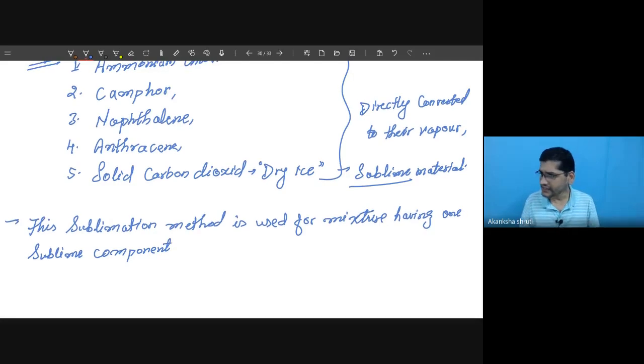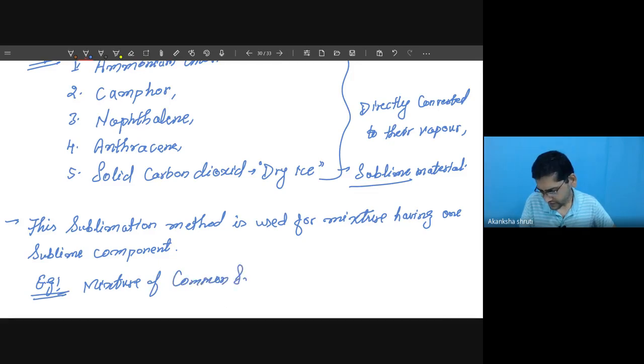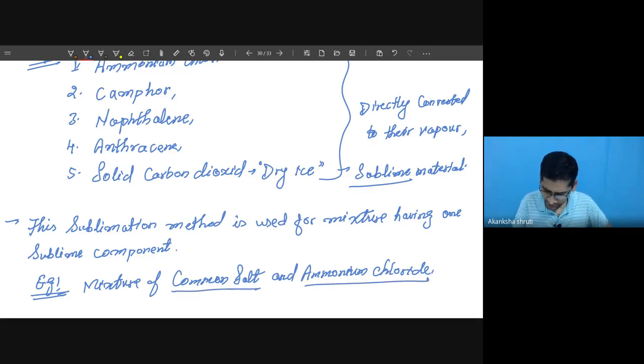Students, a mixture means two or more pure substances are mixed. Example, if we have a mixture of common salt and ammonium chloride, then this ammonium chloride can be removed from the common salt by heating this mixture in a pot.